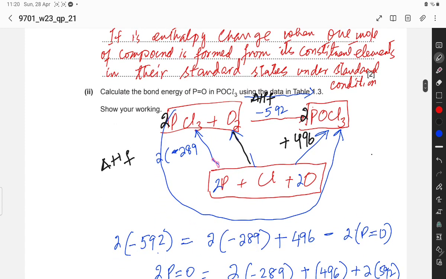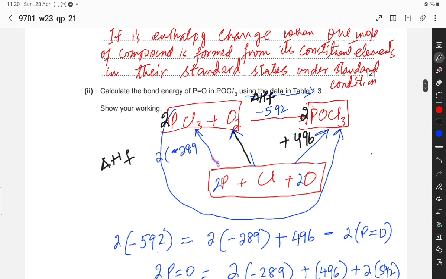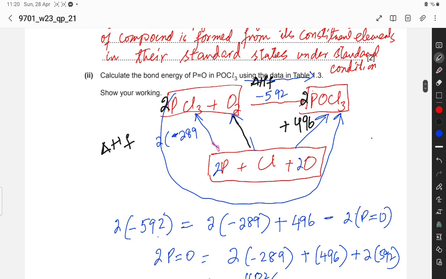So to delta HF of POCl3, this is plus 496.